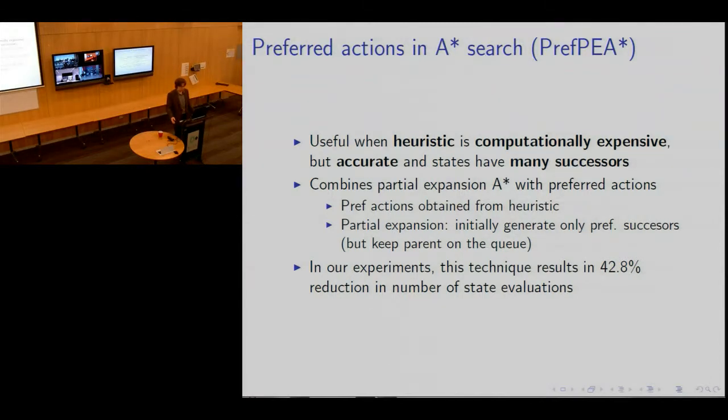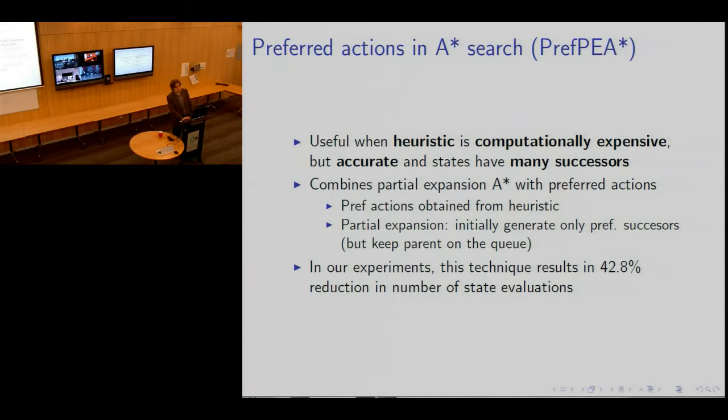This sort of preferred actions has been used in non-optimal planning, but hasn't been used much in optimal planning. So we combine this idea of preferred actions with partial expansion. That is, we initially generate only preferred successors of a state, and sometimes we can reach a goal without having to compute all the other successor states.